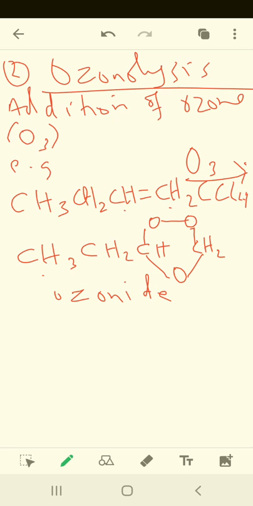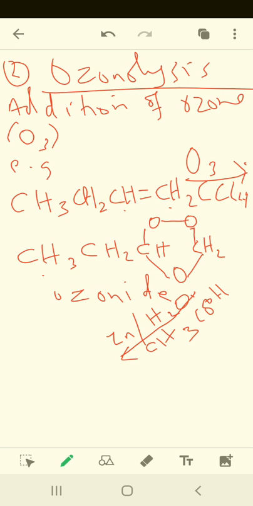When this ozonide is hydrolyzed by zinc dust in the presence of water, hydrolysis being addition of water, then we also need some ethanoic acid, the product is going to be a carbonyl compound.